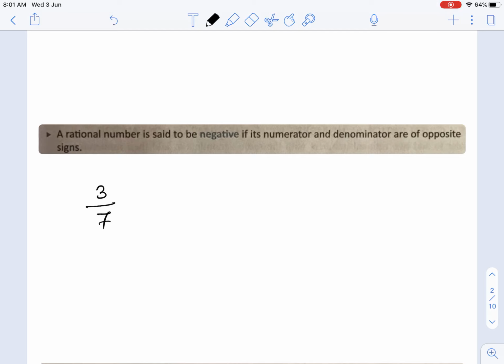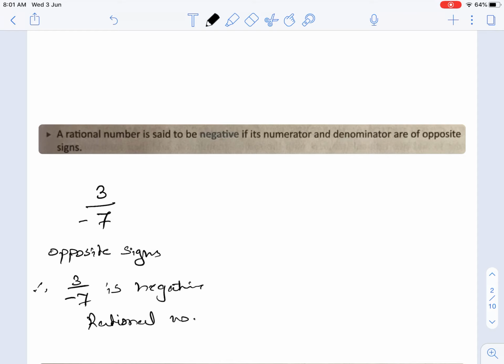The numerator is positive, if no sign is there it means plus, and the denominator has a negative sign. Both of them have opposite signs, therefore we can say that 3 upon minus 7 is a negative rational number.